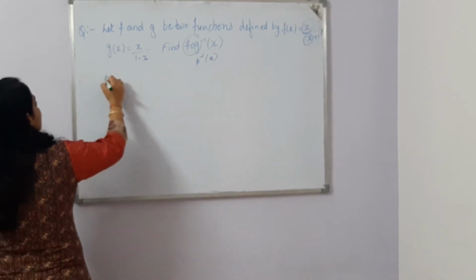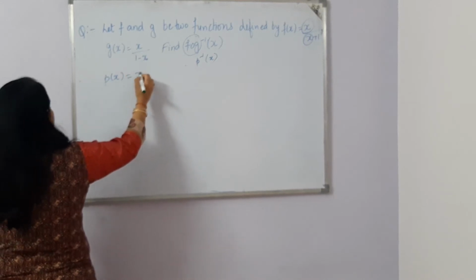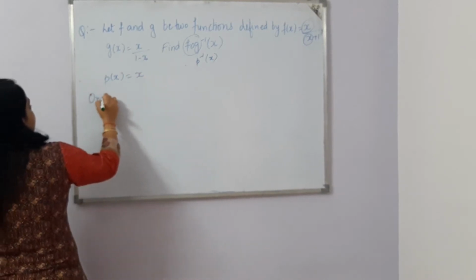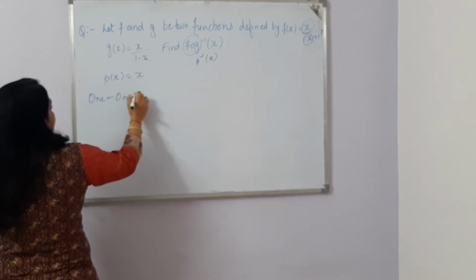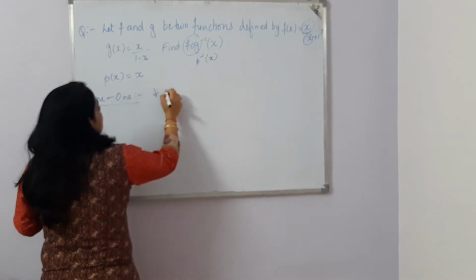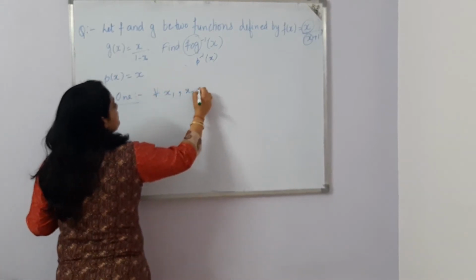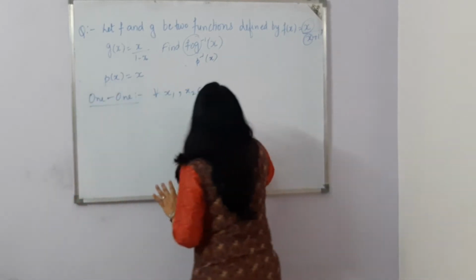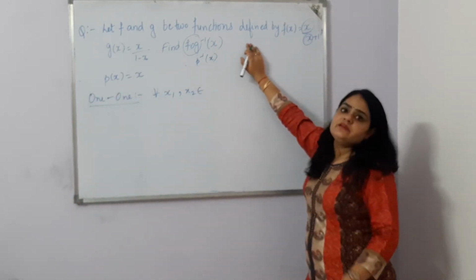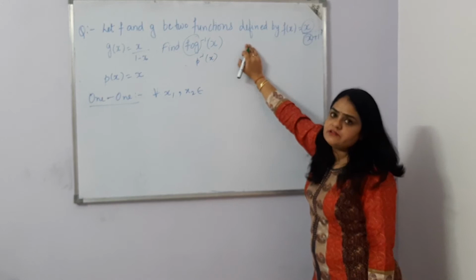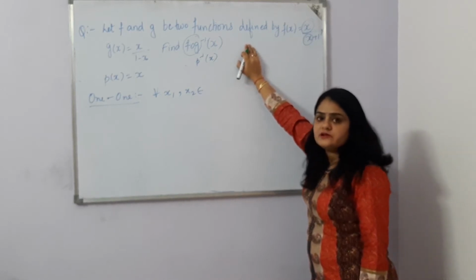Now p of x is equal to x. For one-one, for all x1, x2 belongs to, of course here the mapping is not given. If the mapping is not given, that means it belongs to reals, real to real.